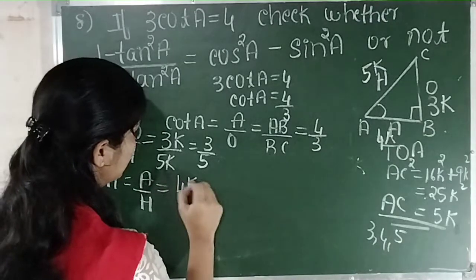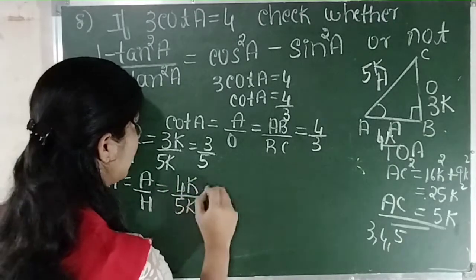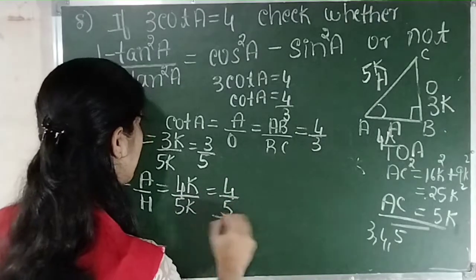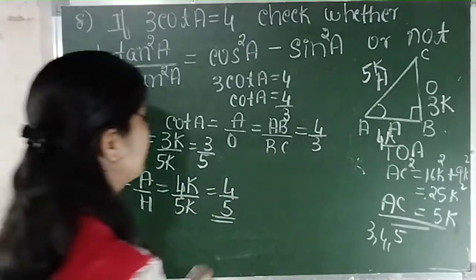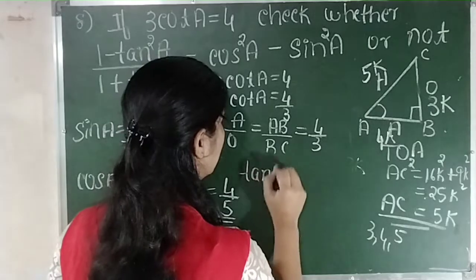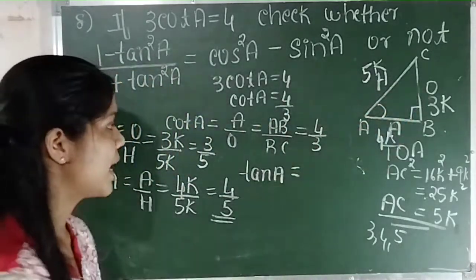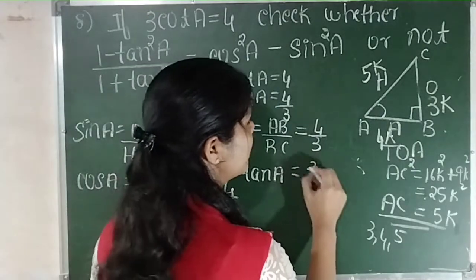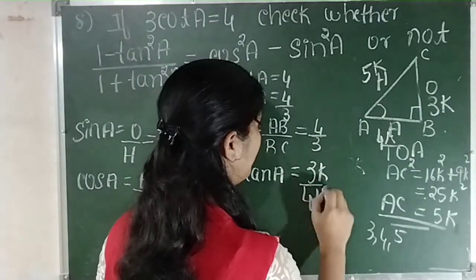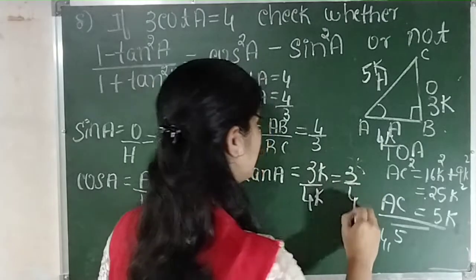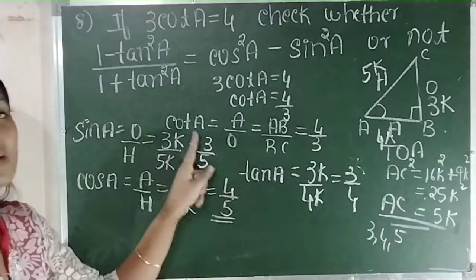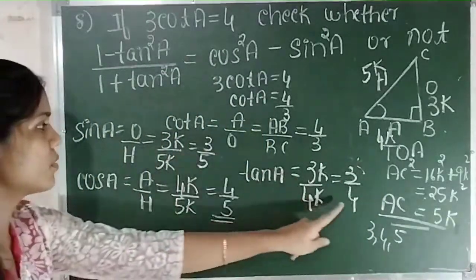The adjacent side is 4K divided by 5K, 4 by 5. And tan A is equal to opposite by adjacent, that is 3K divided by 4K, 3 by 4. Tan is the reciprocal of cot. So 3 by 4.